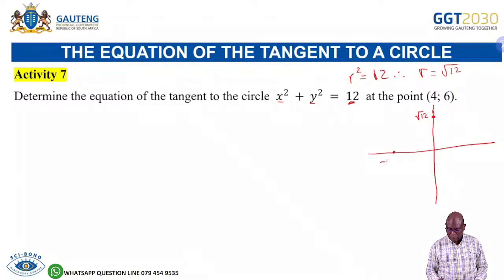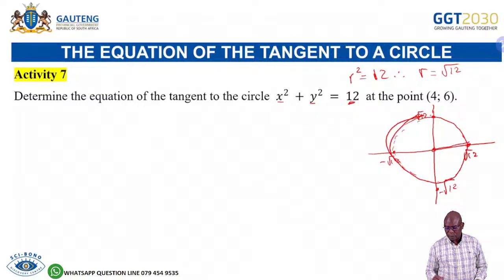That side will be negative square root of 12, there it will be square root of 12, and down there negative square root of 12, because it's my radius. And what is a circle? It's a set of points that are equidistant from this. So I'll just draw a circle here.